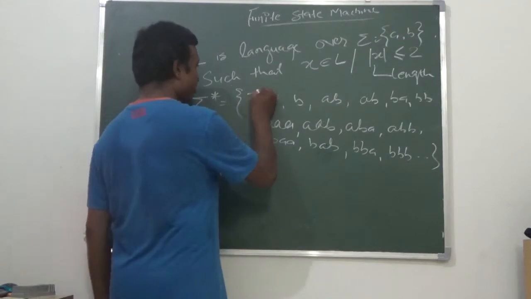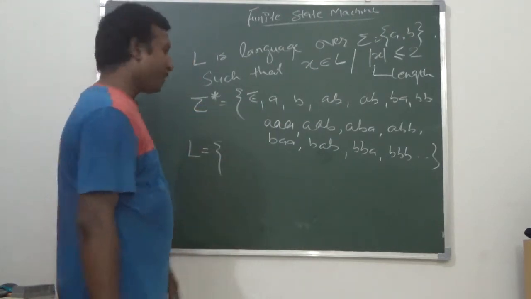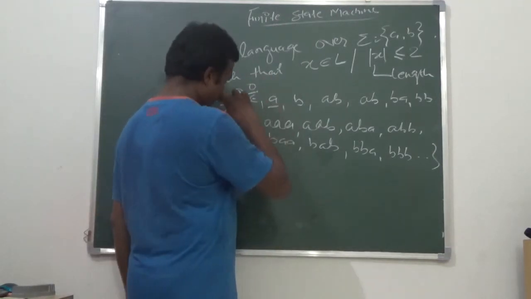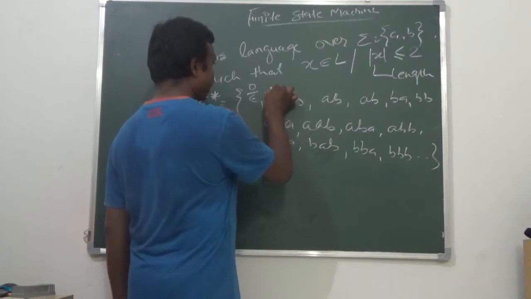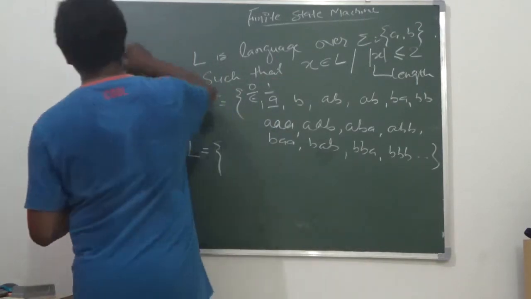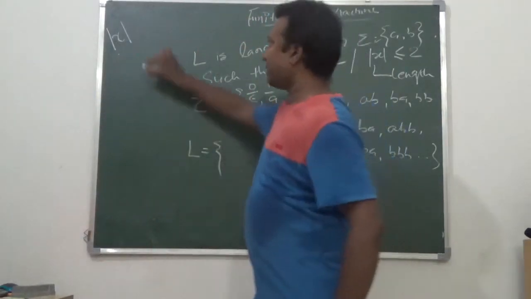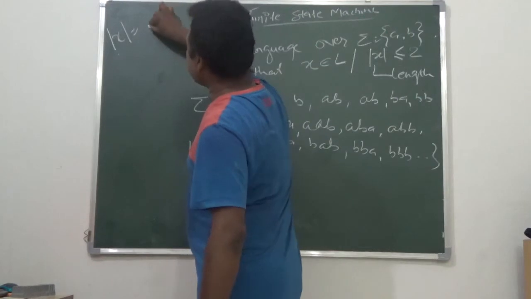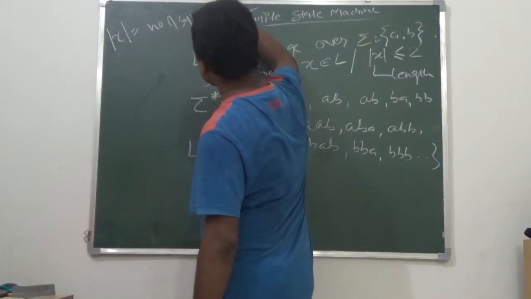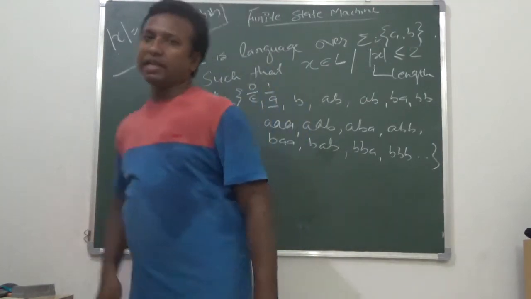So what is the length of this? Epsilon means the empty string, the length is 0. If we think about this, then what is the length? Length is 1. What is basically length? If we define length of x, then the length of x is defined as the number of symbols in x. That is how we define the length.